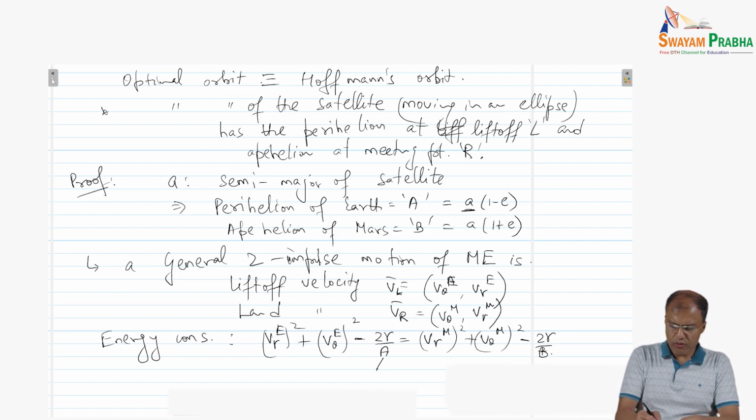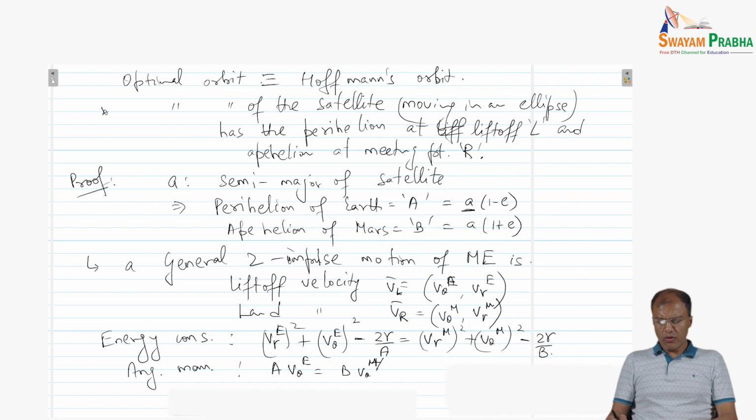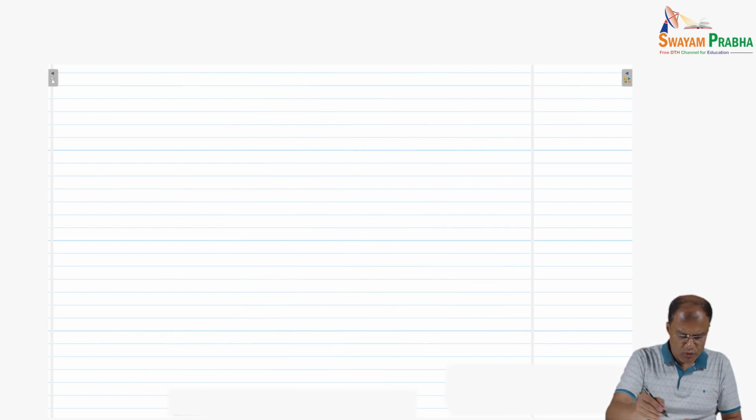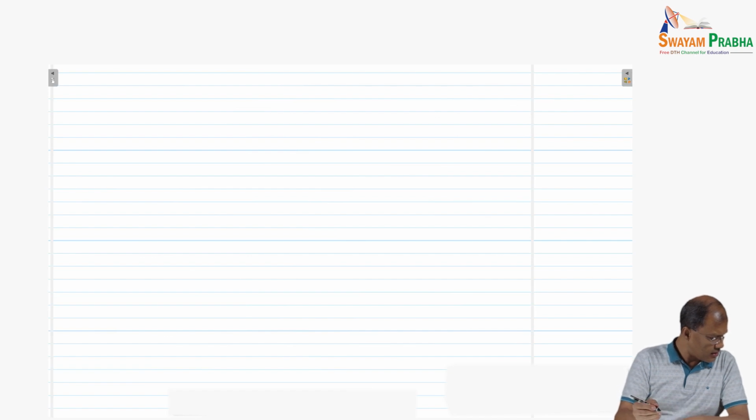And so this is my energy conservation, and now my angular momentum conservation. Angular momentum conservation is a times V theta of E equals b times V theta of M, a being the distance of the Earth from the Sun, assuming circular orbit. Now I am going to eliminate a few quantities using these two conservation principles, and once I do that, I get the following.